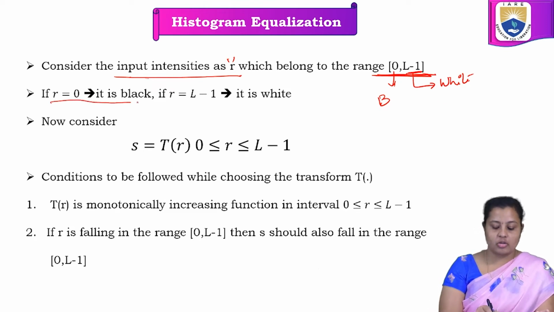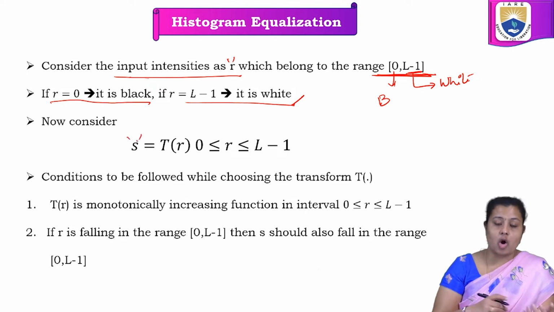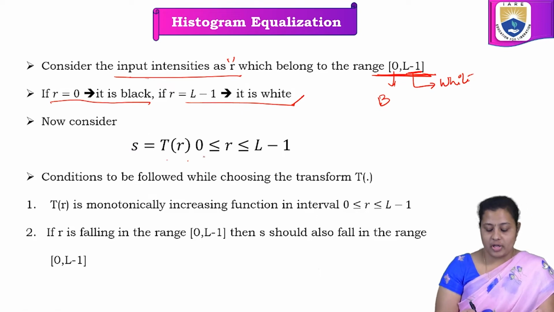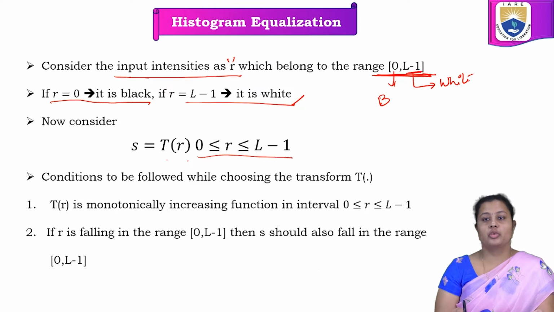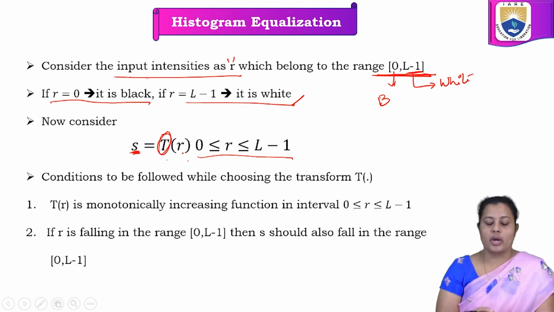Now, if S is the output intensity value, then S is equal to T of R, where R is in the range 0 to L minus 1. So we are doing some operation T on my input intensity values R to get an output intensity value S.